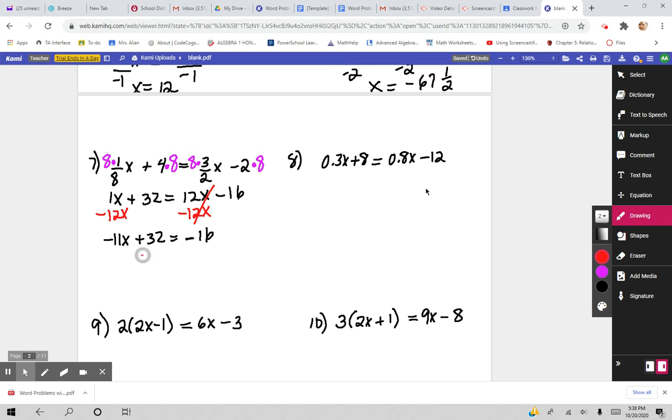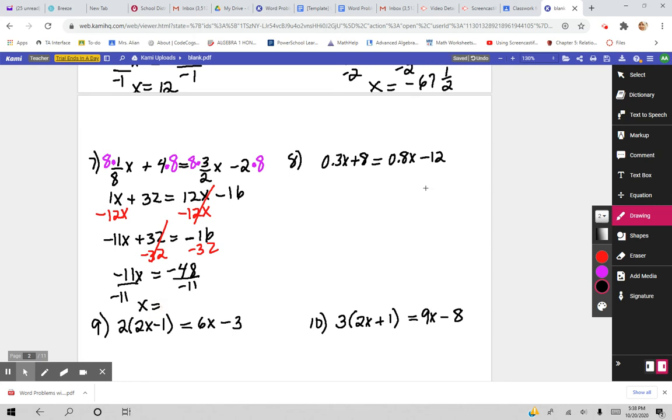Okay, so now let's subtract out 32 from both sides. Negative 11x equals negative 48. You're combining negative 16 plus negative 32. So now let's divide both sides by negative 11. Okay, this is SSP, a negative divided by negative.